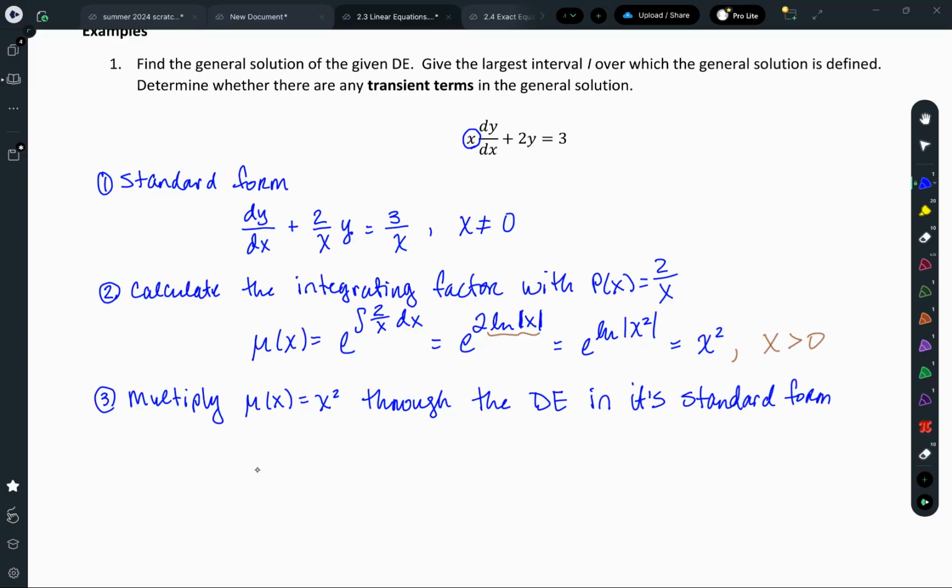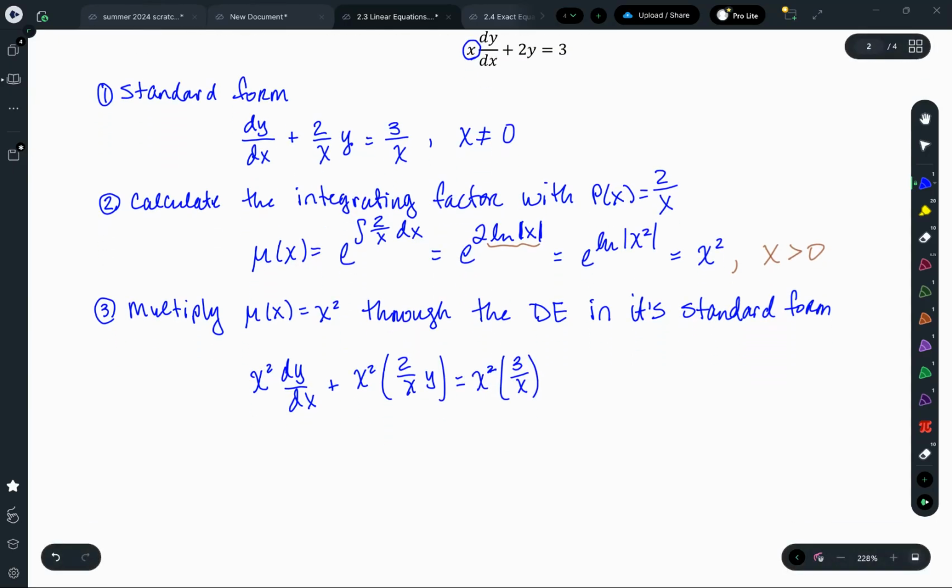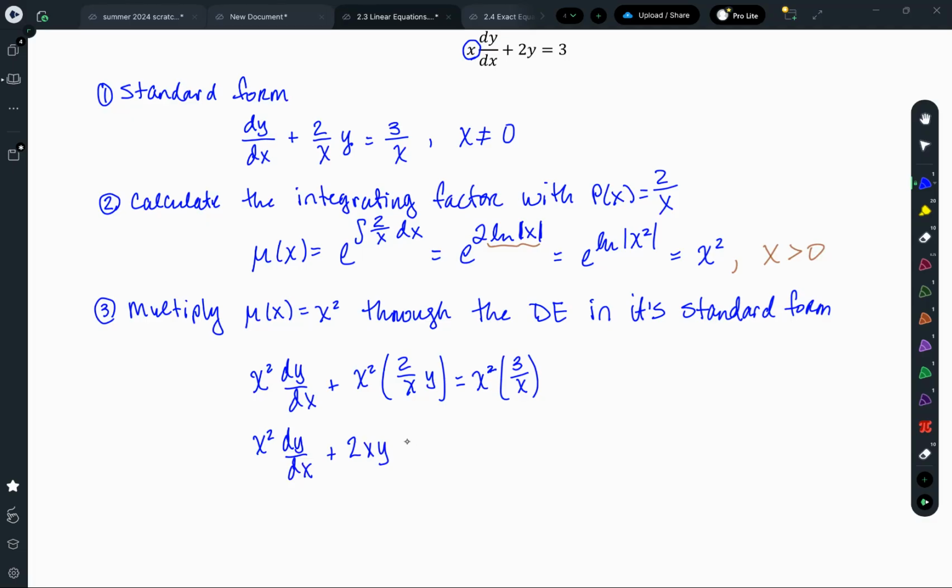Okay, so multiplying an x squared through, I get x squared dy dx plus x squared times 2 over x times y equals x squared times 3 over x. Okay, simplifying things, I have x squared dy dx plus 2xy is equal to 3x.